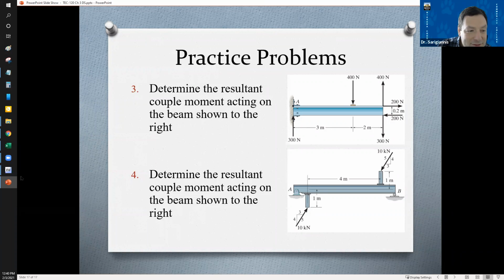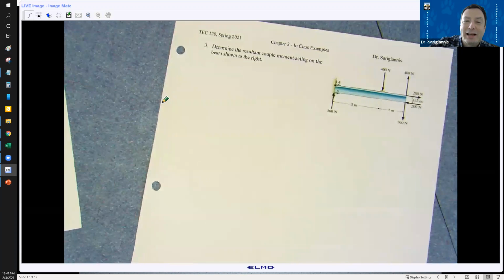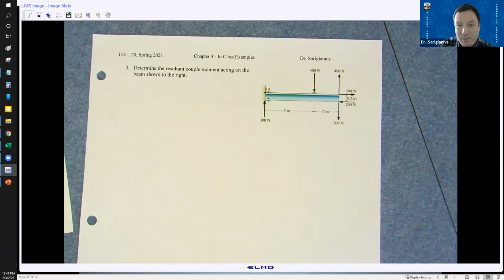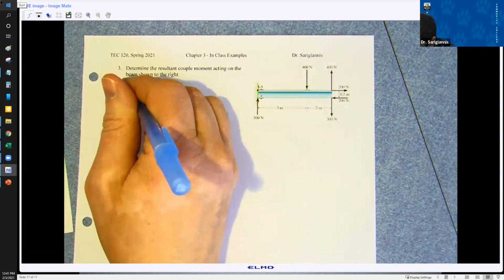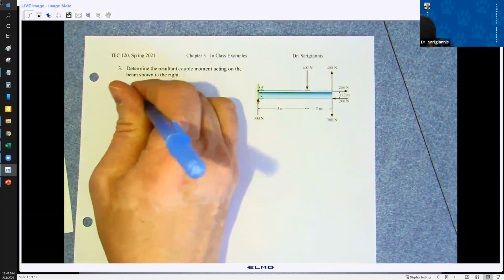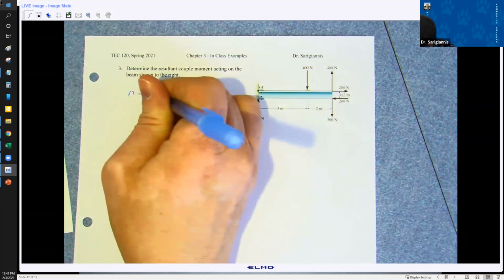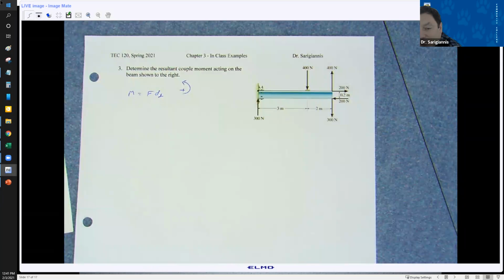Remember, a moment is a force times a distance, this perpendicular distance. And our notation is always that counterclockwise is positive. So it's important to remember that. Let's look at the couples we have.